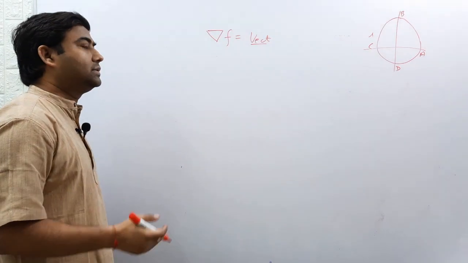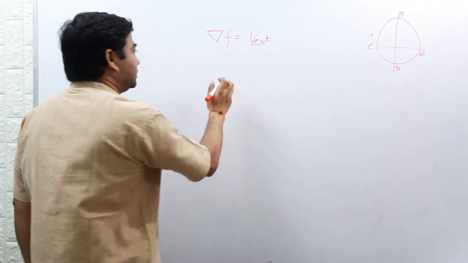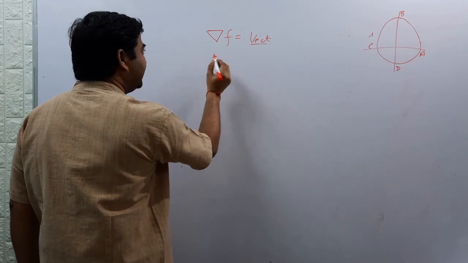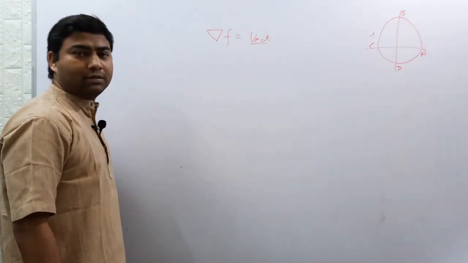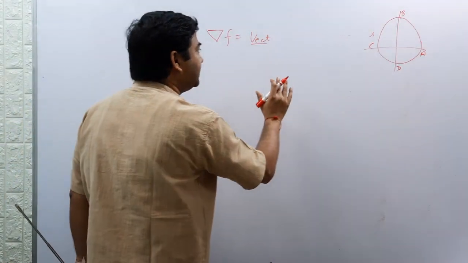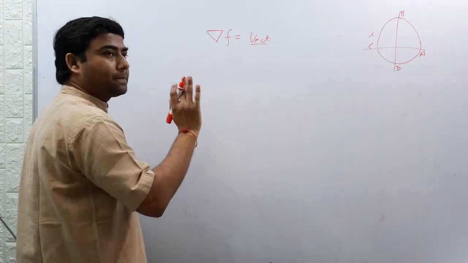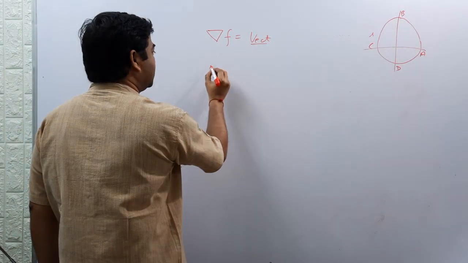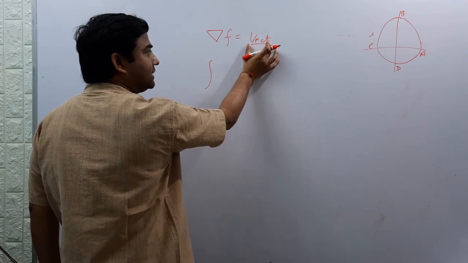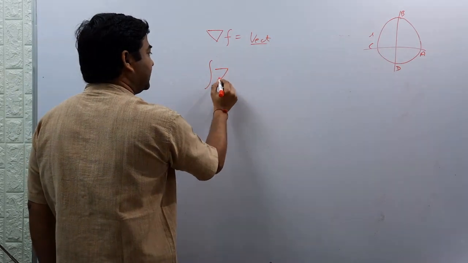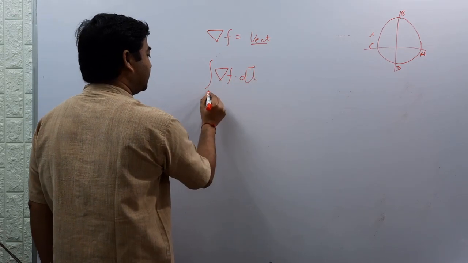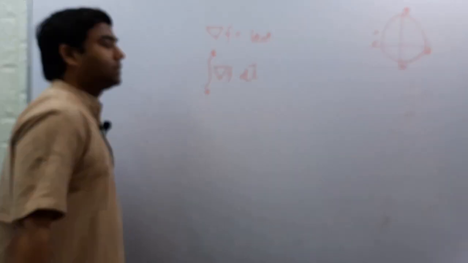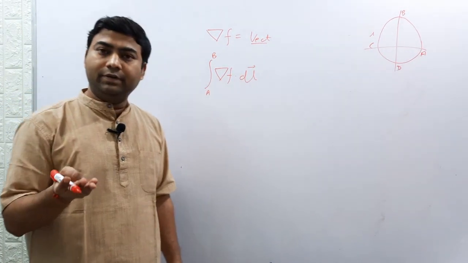Gradient of a field is a vector field. So let us find the circulation. Let us find the line integration of a gradient field. Because it's a vector field, the line integration of this vector field can be found from A to B. For line integration, we must have a vector field and a curve, the equation of a curve.